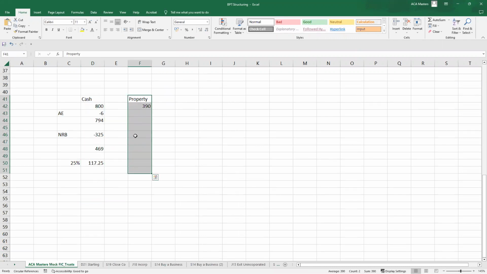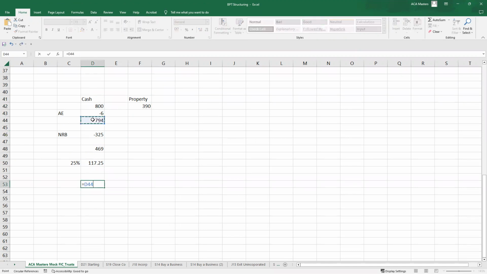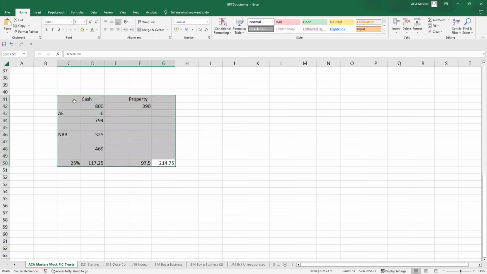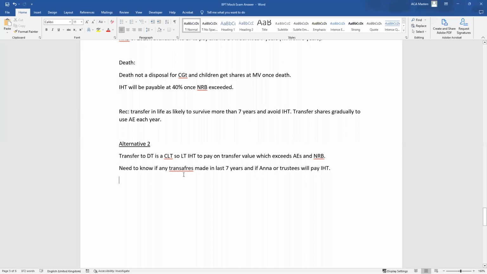The nil rate band's been used. Technically, you've got a nil rate band of 325 reduced by gross chargeable transfers in the last 7 years, and there was one just a moment ago, plus the IHT they paid on their behalf as well. So definitely no nil rate band available there. So that's going to be IHT at 25% as well. So there's going to be a lot of IHT under this alternative already. We didn't have all of this IHT with the company option.